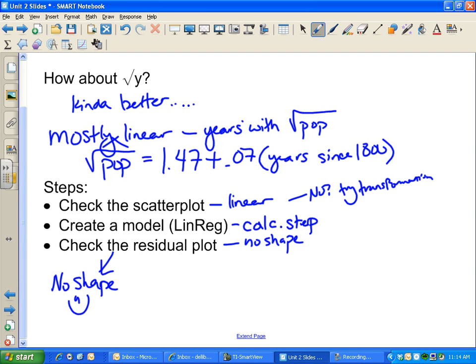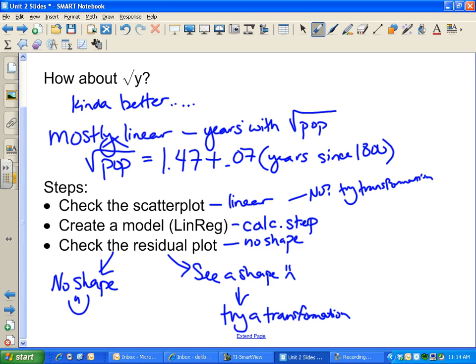But if we do see a shape, we're really sad because then we need to try a transformation, and the whole process starts over again. We try a transformation. We check the scatter plot. If it looks okay, we run the linreg and we look at the residual plot. If we still see a shape, we go back to the beginning. We try a different transformation.